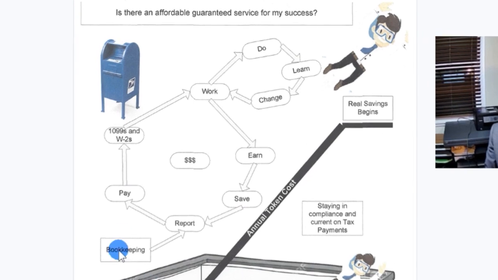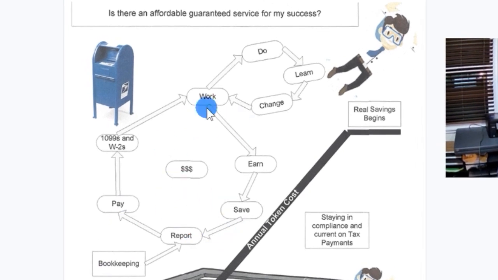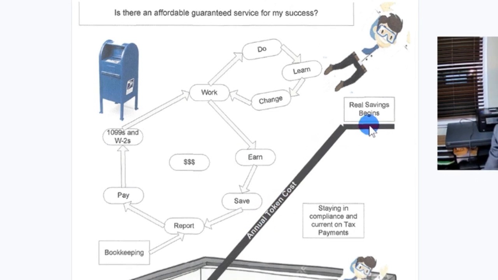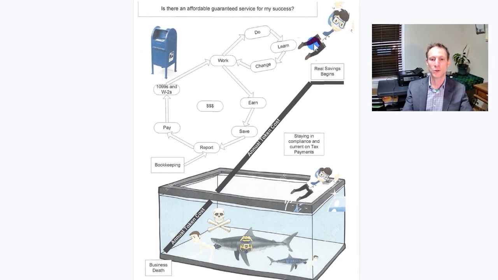Through the power of bookkeeping, work, do, learn, change, you earn the money, we report, you pay on this cycle. If you can make enough where you can get over that third hurdle, then moving into the philanthropy hurdle, that's where the real savings starts to begin. So the goal is to get you out of this tank and get you up into the real savings. But to do that, you've got to know what your annual token cost is.